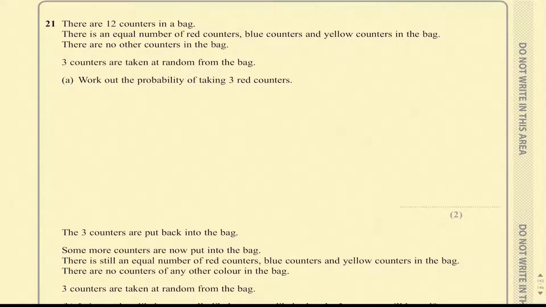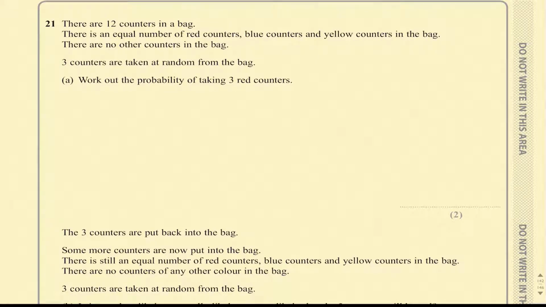21. There are 12 counters in a bag. There is an equal number of red counters, blue counters, and yellow counters in a bag. There are no other counters in the bag. 3 counters are taken at random from the bag. We need to work out the probability of taking 3 reds.